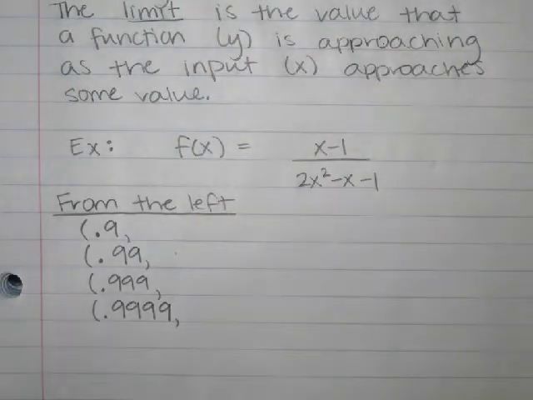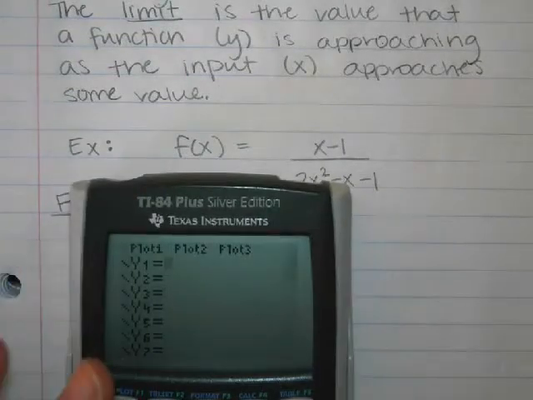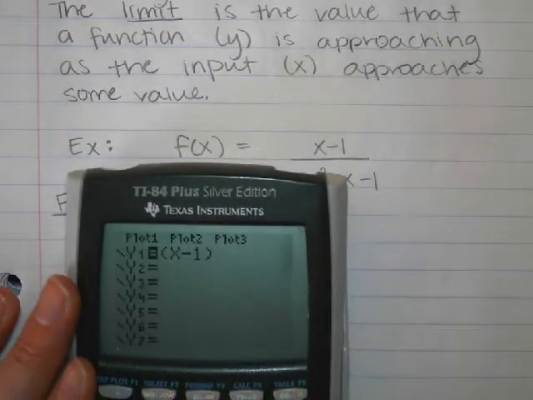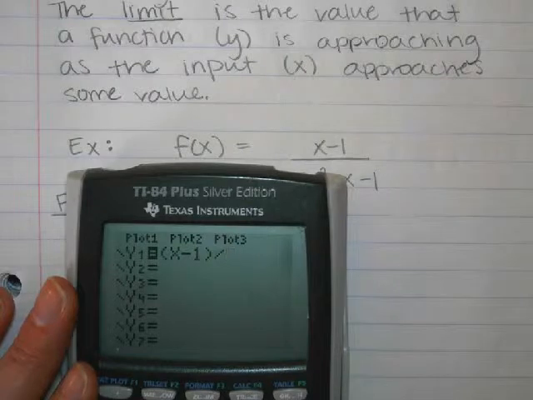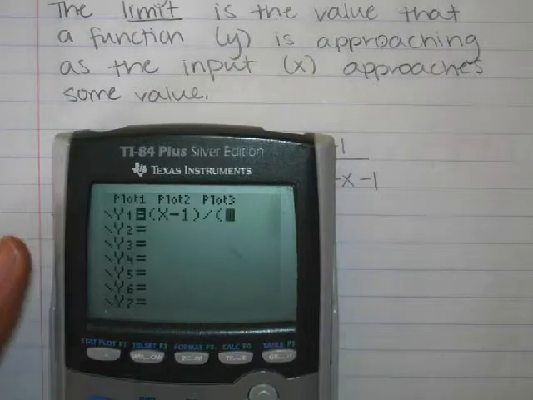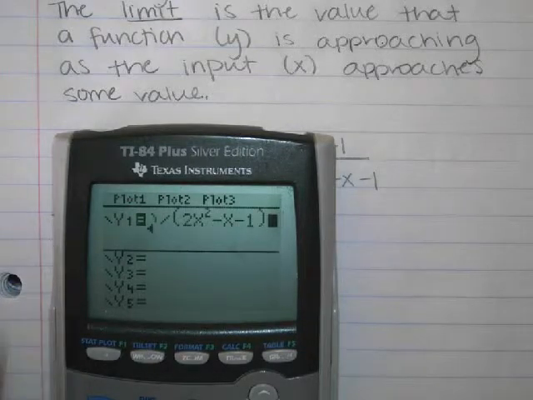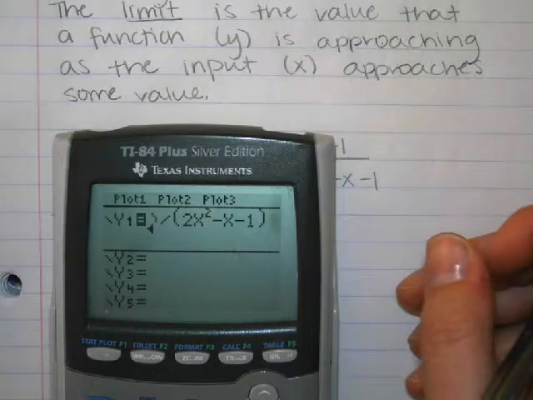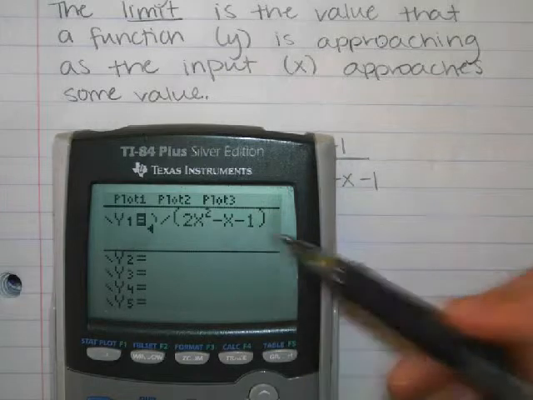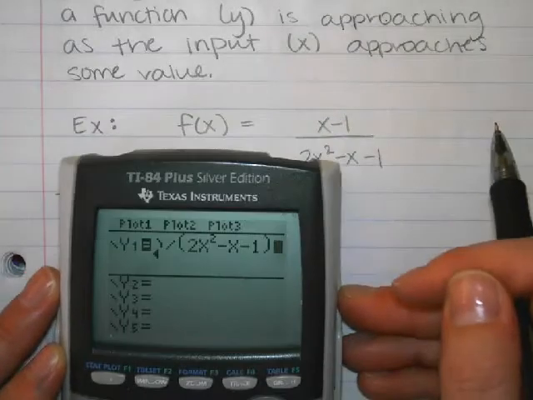All right, so what I want you to do is in your calculator, type in x minus 1 in parentheses, divided by, and then in another set of parentheses, 2x squared minus x minus 1. So we're typing that function in, and we're graphing it.